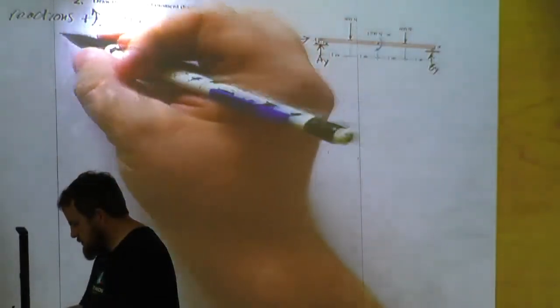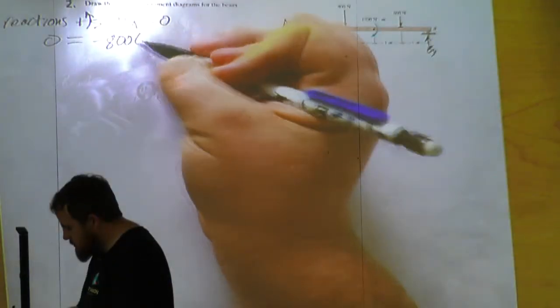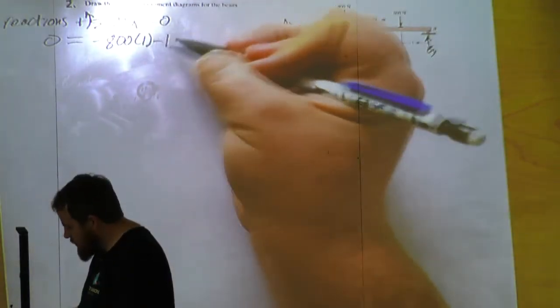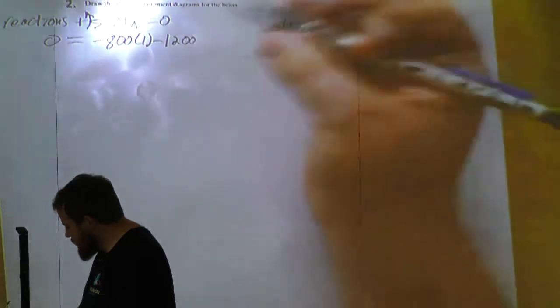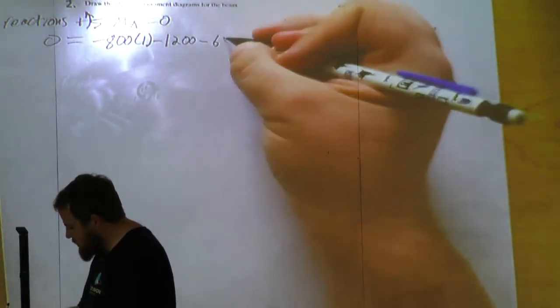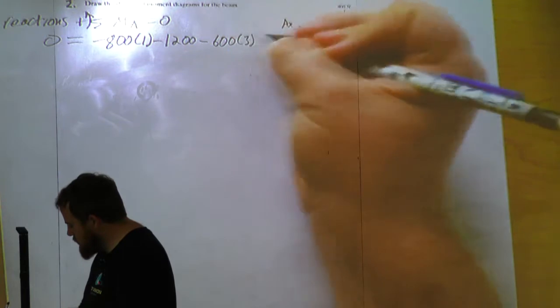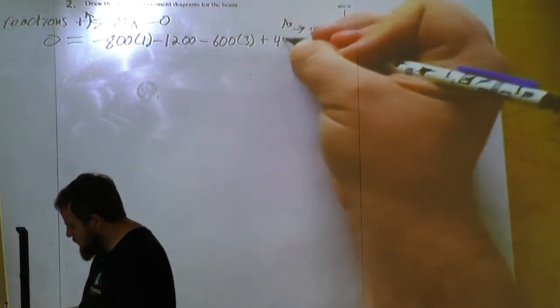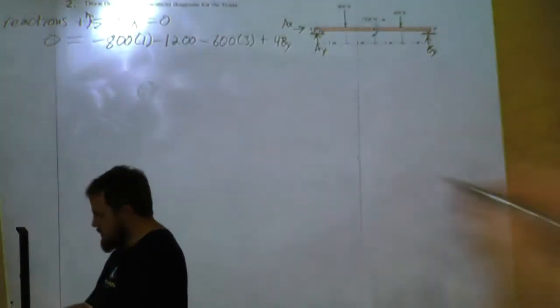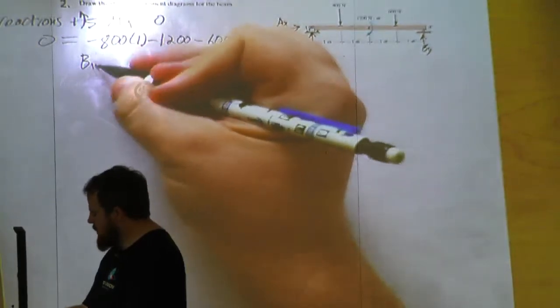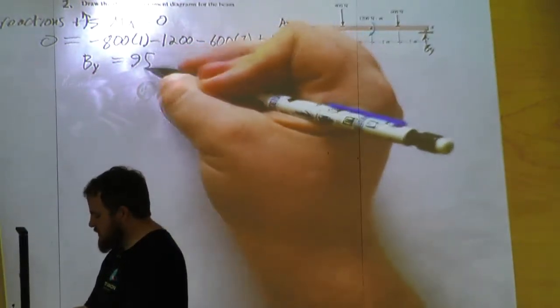So let's do this. 0 is going to be negative 800 times 1 minus 1200, because that's the moment they gave us, minus 600 times 3 plus 4 BY. So from that, we can just solve for BY is going to be 950 newtons.